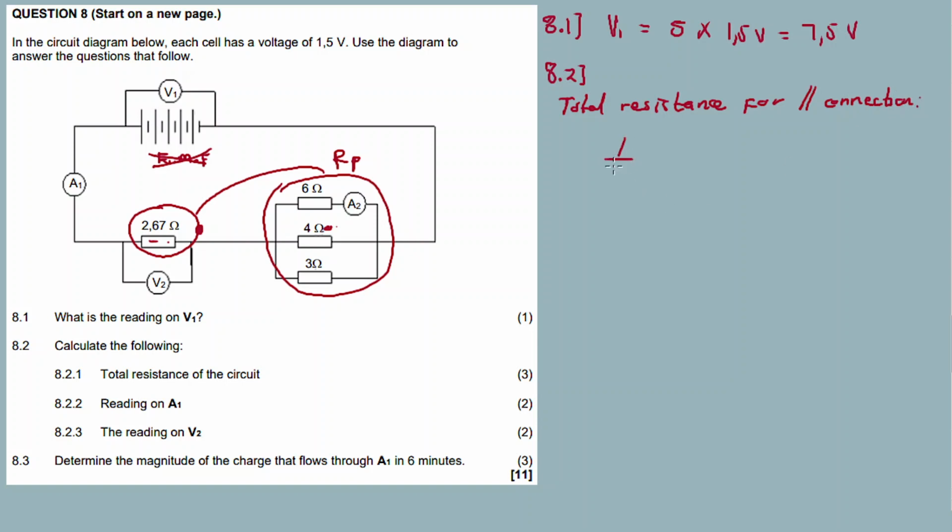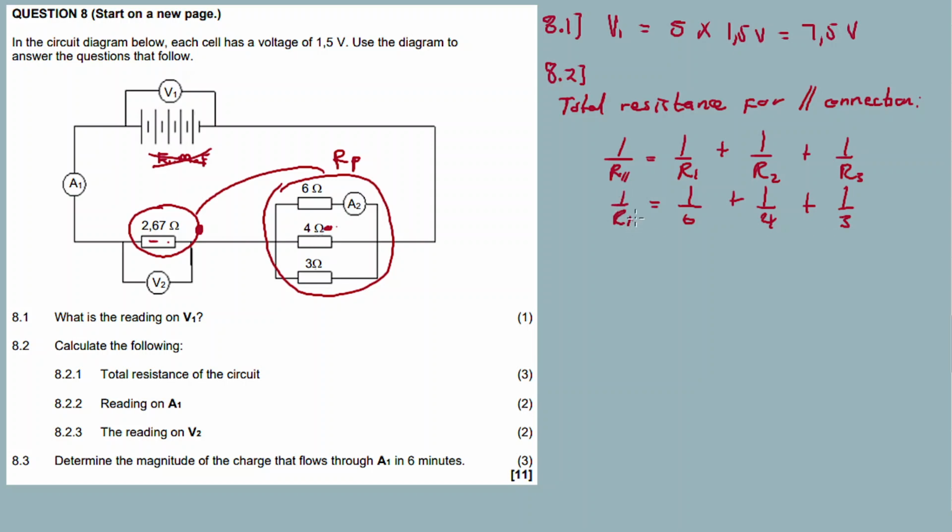We say 1 over R parallel is equal to 1 over R1 plus 1 over R2 plus 1 over R3. R1 is 6, so it's 1 over 6 plus 1 over 4 plus 1 over 3.